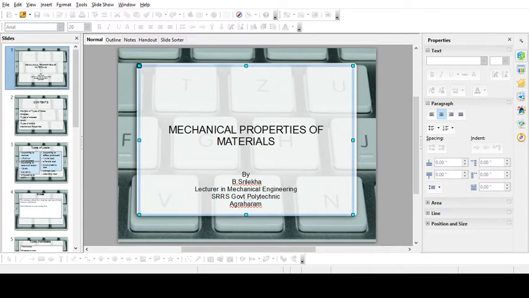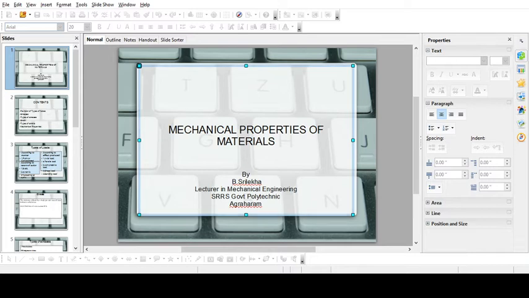Next comes shear stress. We already know shear load is the tangential load which will tend to cut or slide the part, and the corresponding stress induced is shear stress. In this case, you are not going to make a body increase or decrease its length.